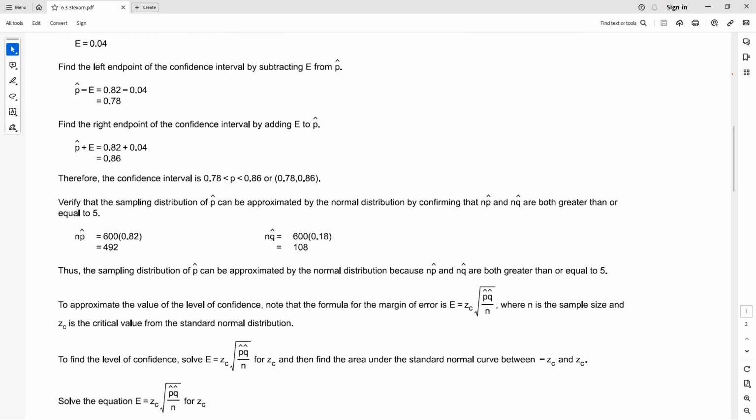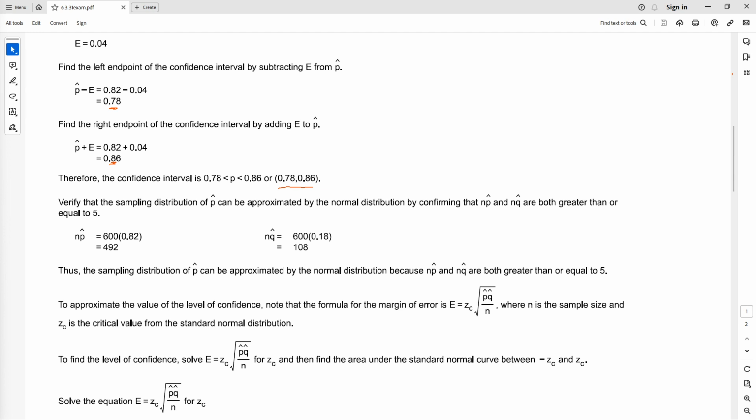So there's the right endpoint, by adding the margin of error to p hat. That gives us 0.86. So you have 0.78 by subtracting and 0.86 by adding. So our confidence interval looks like this.